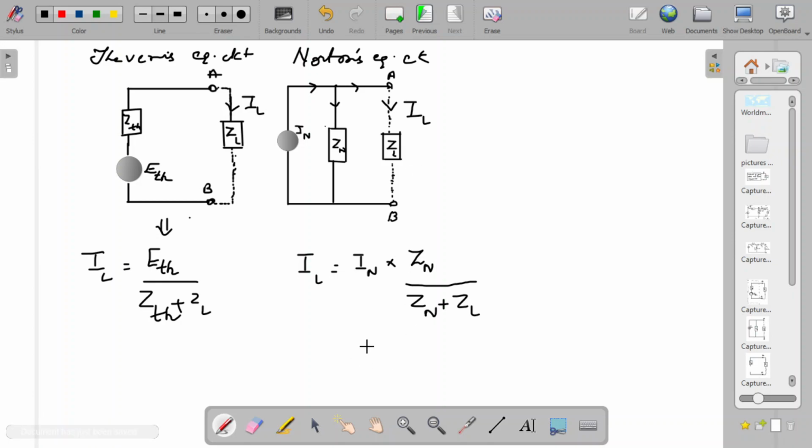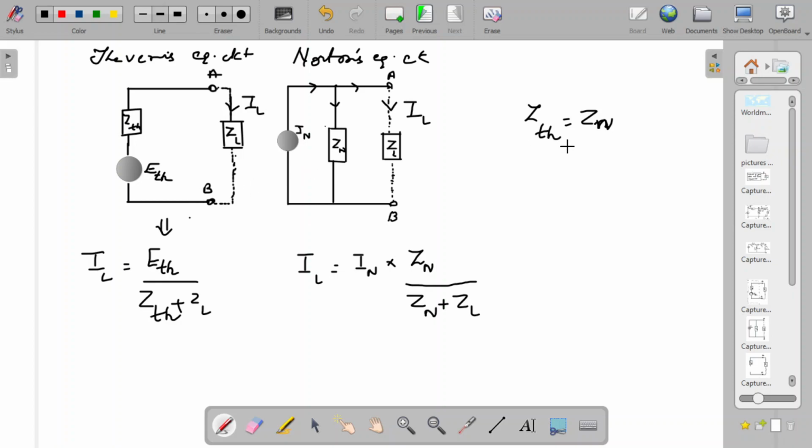Okay. So now we know that from the calculation of this equivalent resistance, you already know that ZTH and Zn are the same because they are calculated in the same way. That is the equivalent impedance which is felt at the terminals A and B when all the sources are replaced by their internal impedances.